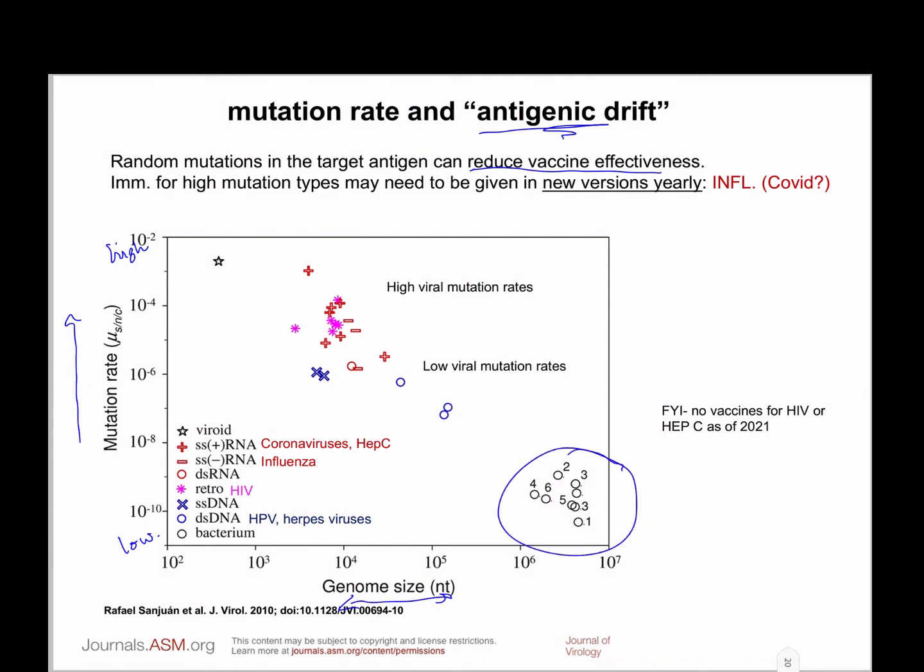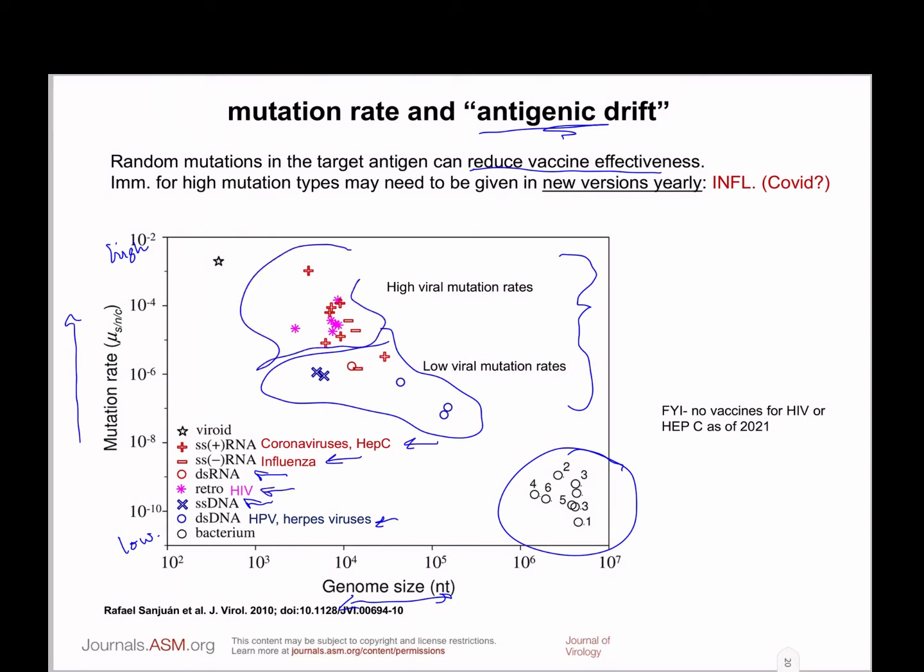Bacteria have a higher mutation rate than humans do because they don't have as good a proofreading. But viruses up here have even higher mutation rates. And it's not 100%, but you can see that there's a trend where these DNA viruses down here have a lower viral mutation rate. And the RNA viruses, including HIV, tend to have a higher mutation rate.